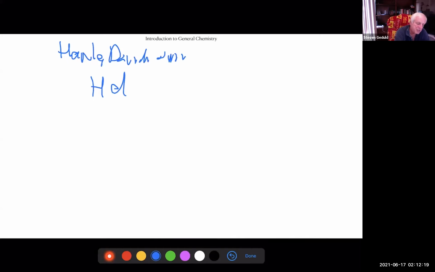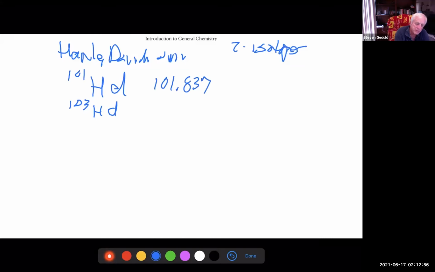Okay. So we have Harley-Davidsonium. We'll do 2 isotopes for this one, so a little bit different. We have Harley-Davidsonium 101 and Harley-Davidsonium 103. Those are the 2 isotopes that we found. We know Harley-Davidsonium 101 has a mass of 101.837 grams.